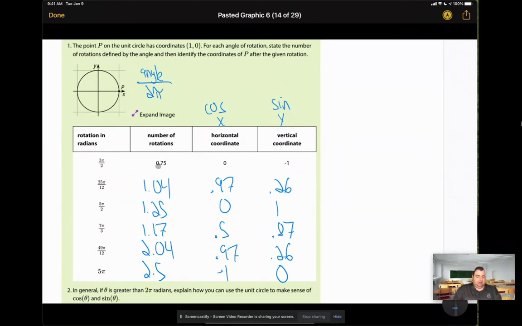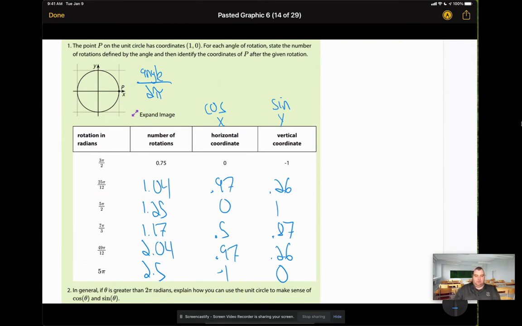But we talked about if an angle is bigger than 2 pi, that means it's going to be more than one rotation. So notice all of these except for the first angle were more than one rotation, which means you made at least one full revolution around the circle, and then you went a little bit extra.